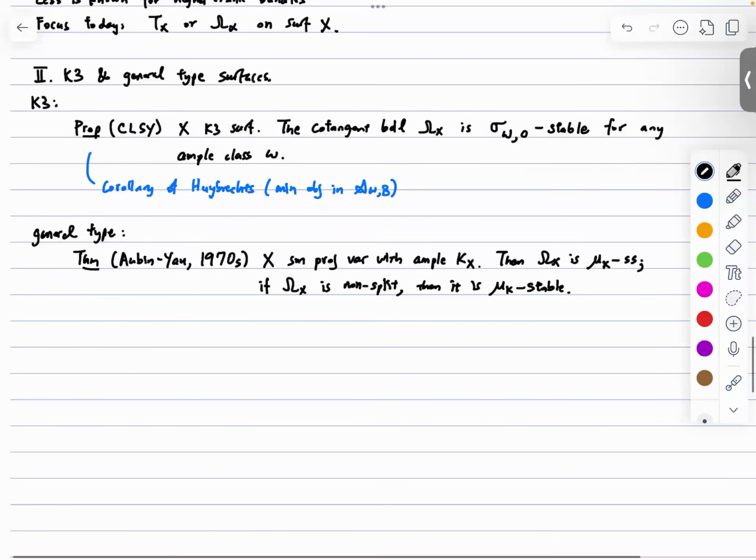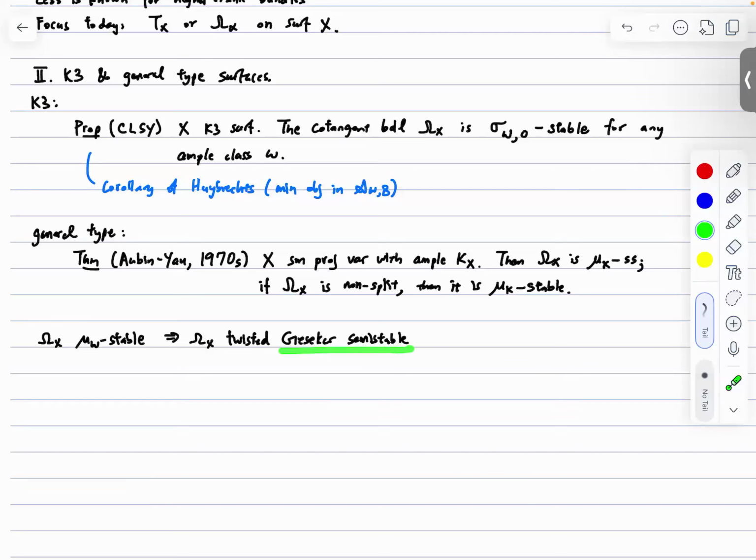And okay, so let me say a bit more about how to go from the cotangent bundle being slope stable to Bridgeland stable or Bridgeland semi-stable. So if we already know that the cotangent bundle is slope stable, let's say with respect to some ample class omega, then we can check that it's what we call twisted Gieseker semi-stable, by using a twisted version of the Hilbert polynomial.